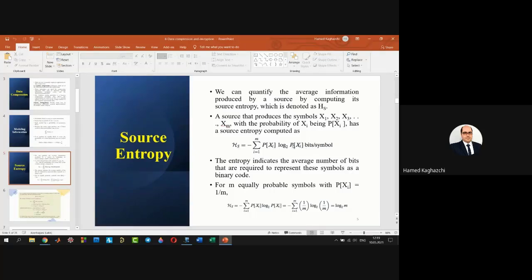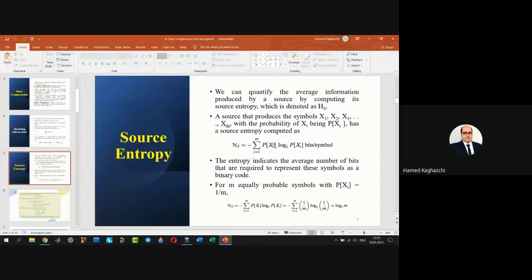Using this formula, I can calculate the source entropy, and this source entropy indicates the quantity of the average information.